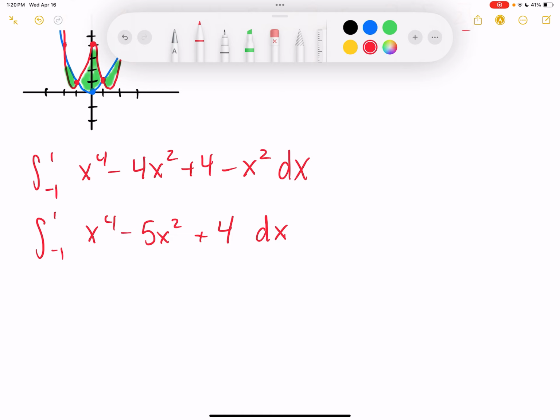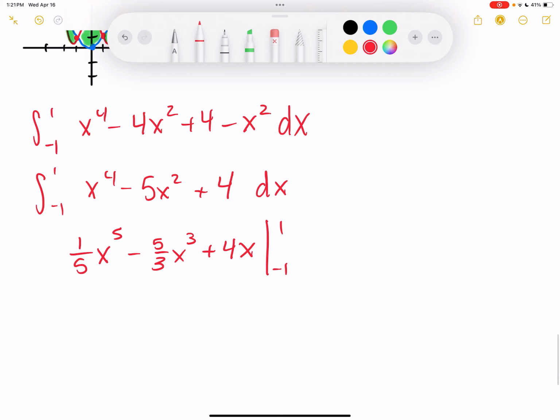And then I'll integrate that. I have 1/5 x to the 5th minus 5/3 x cubed plus 4x, evaluated from -1 to 1.